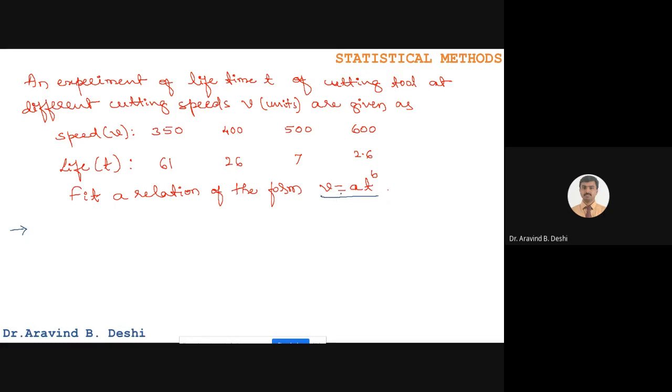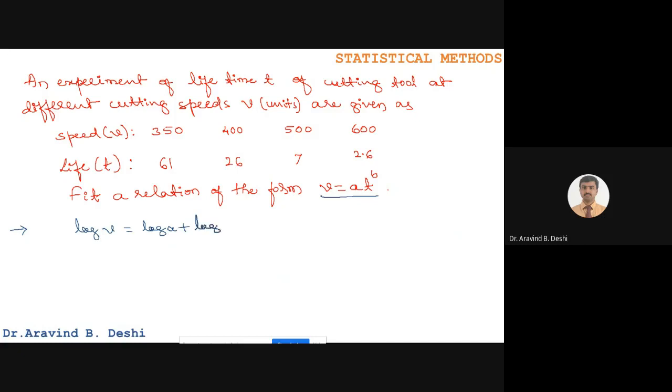Therefore, first apply log on both sides. We get log v equal to log a plus log t to the power b, using the product property, product into addition.